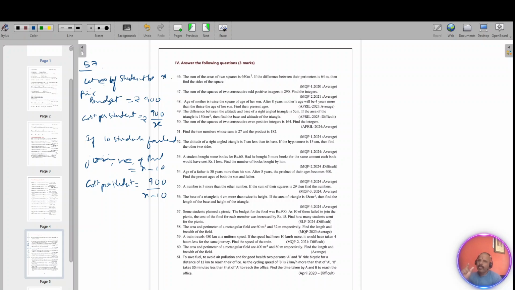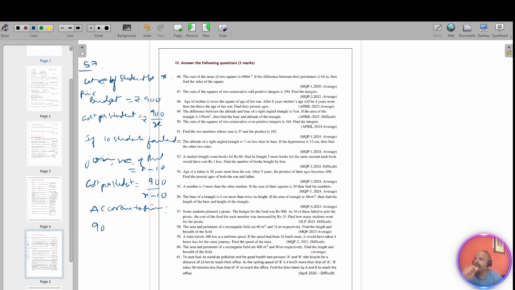Now check out, 15 rupees is increased, right? So according to the given, very important question it is, 15 rupees increased per student means you have to check where you have to give that 15 rupees.